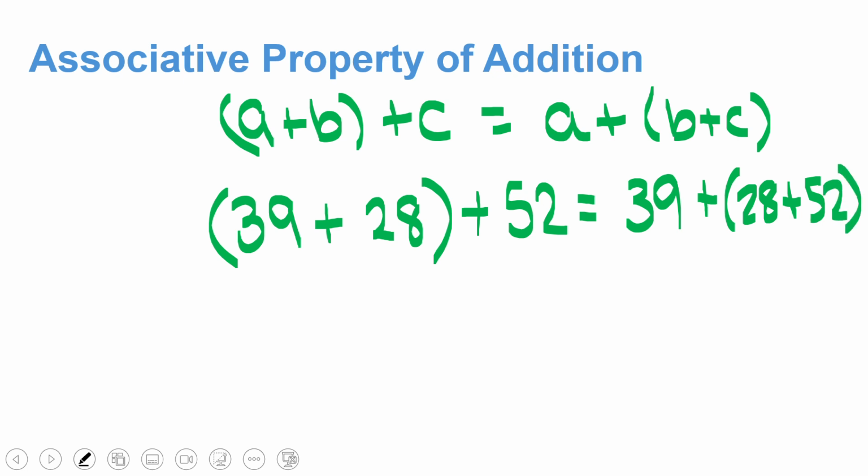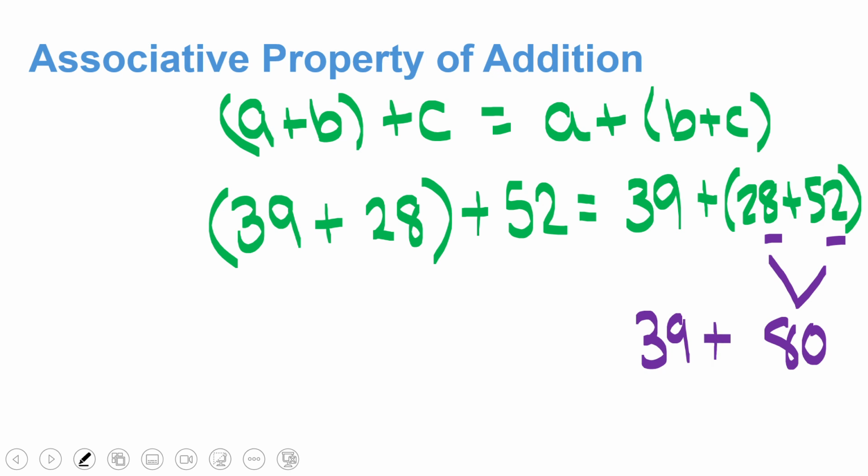Let's look. 8 plus 2 is some kind of 10. So if we say, oh, well, that 28 plus 2 is going to be a 30, and we add 50 to it, this renames as 80 right away in mental math. So now we have 39 plus 80.